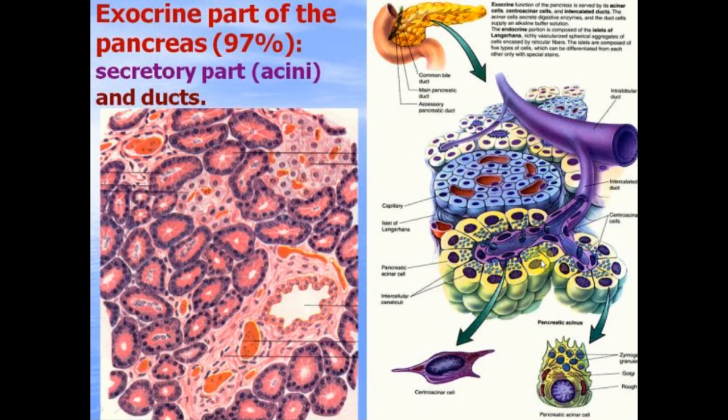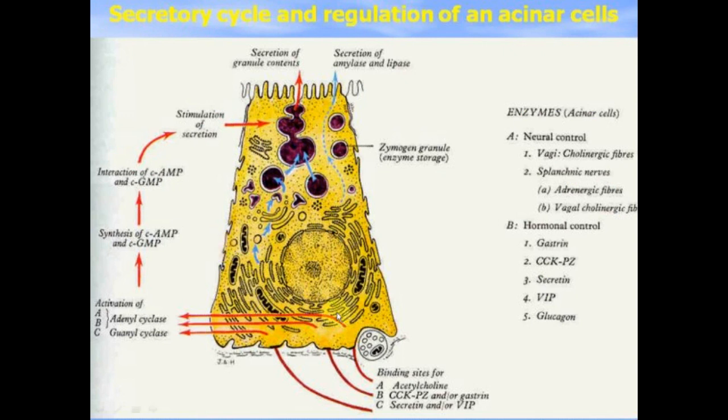They are pyramidal in shape, with two zones. The basal zone is basophilic or homogeneous, under the nuclei or between the nuclei. It is basophilic because it contains rough endoplasmic reticulum, because the main function of these acinocytes is production of proteins for export.